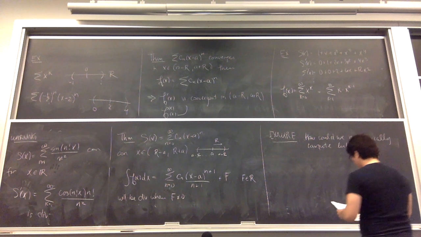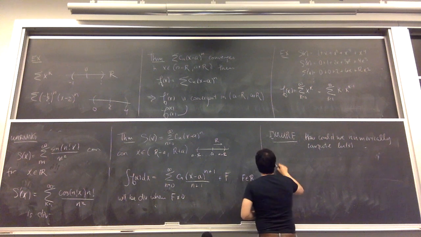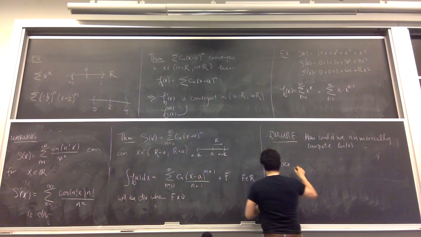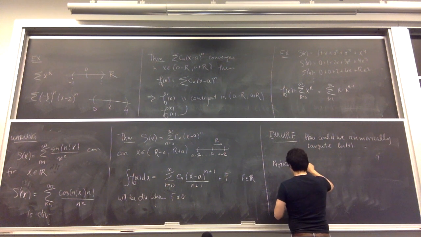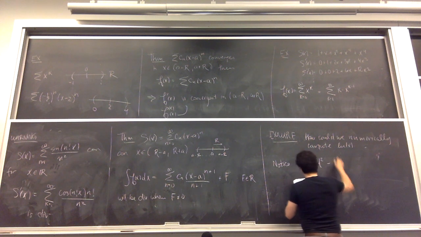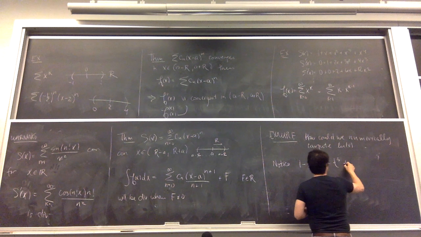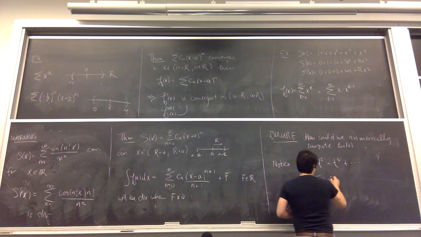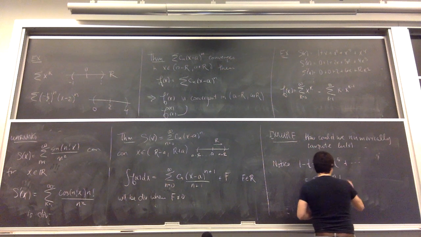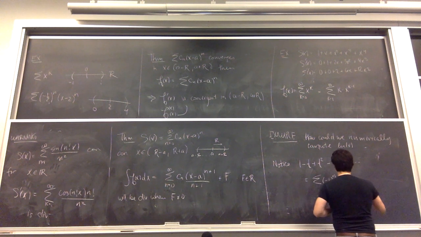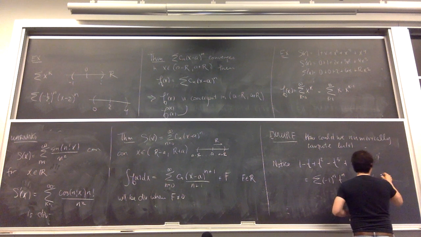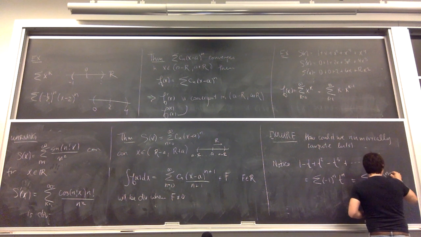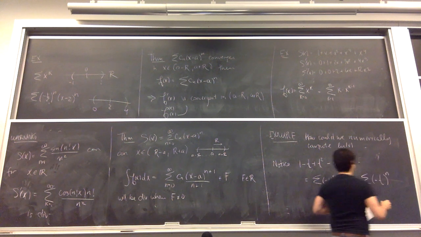All right, so first we're going to start here. I'm going to give you a power series: 1 minus t plus t squared minus t cubed plus and so on, which is equal to the sum of (minus 1) to the n times t to the n, or even more compactly, (minus t) to the n.